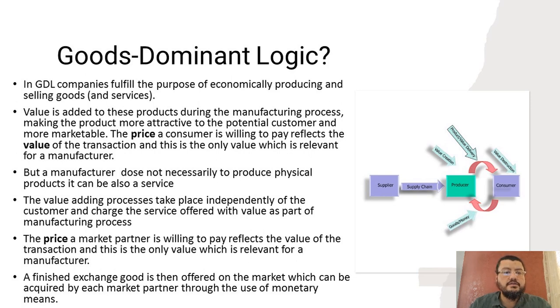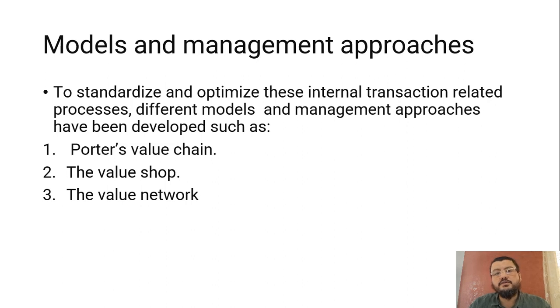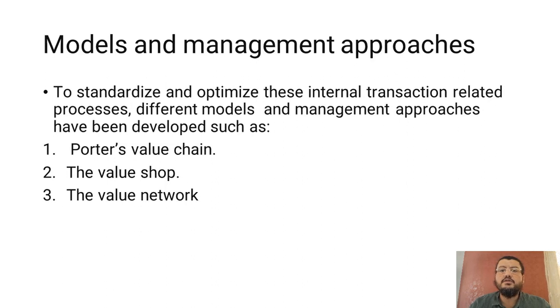The price a consumer is willing to pay reflects the value of the transaction. Various models and management approaches have been developed to standardize and optimize these internal transaction-related processes, including Porter's value chain, the value shop, and the value network.